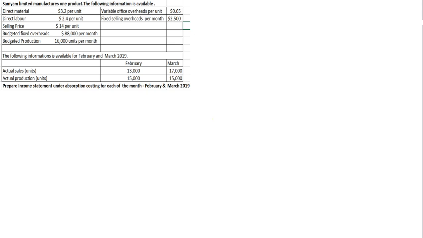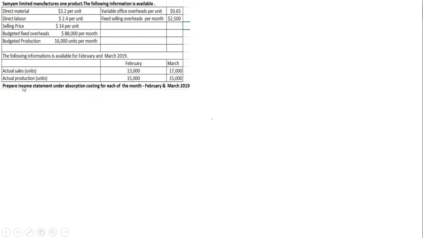So this is an example. Samyam Limited manufactures one product. The following information is available. We are given direct material, direct labor, selling price, budgeted fixed overhead, budgeted production, variable office overheads, and fixed selling overheads. The following information is available for February and March 2019. Actual sales for February are 13,000 and actual production 7,000. In the same way you have it for March.